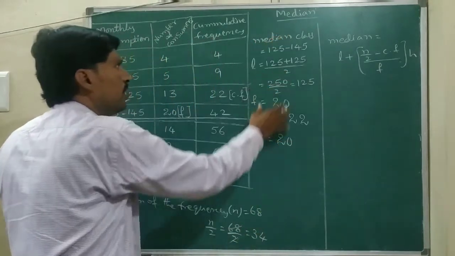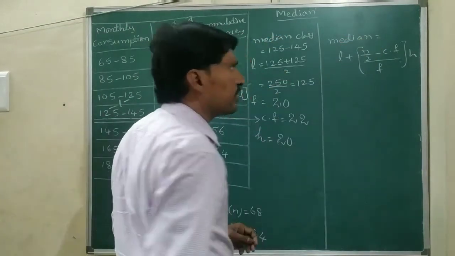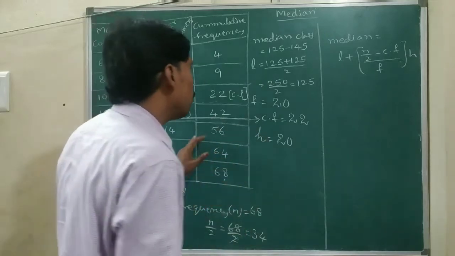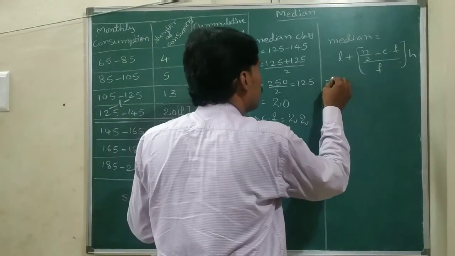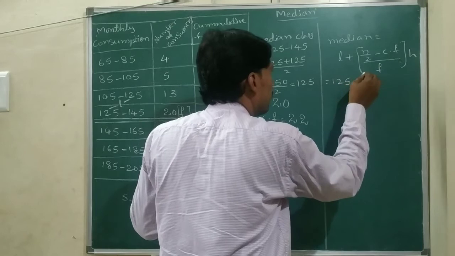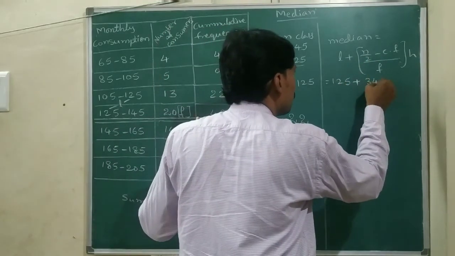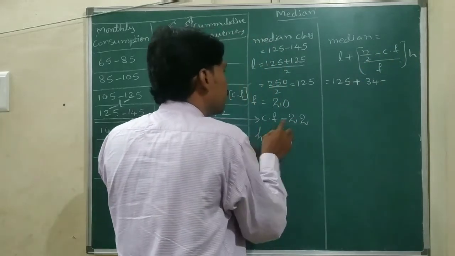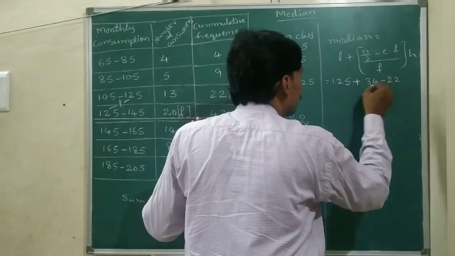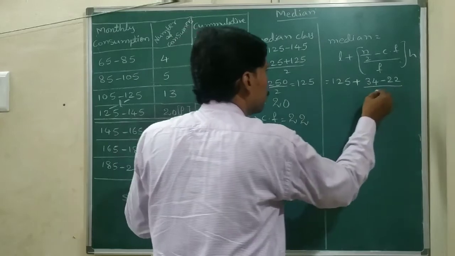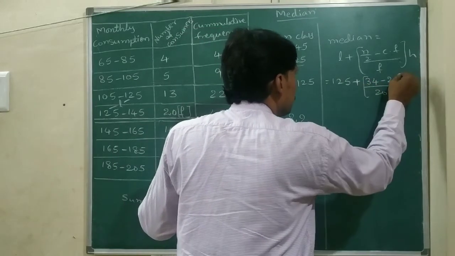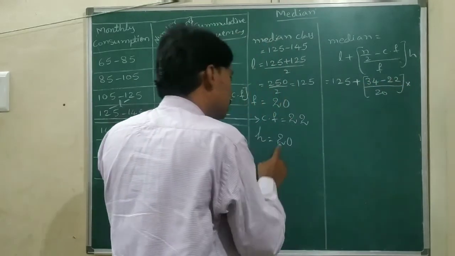Now all these values we substitute in the formula, and we can get the median. L is 125 plus (n by 2, the value is 34, minus Cf, which is 22) by f, the value is 20, into h, h value also 20.